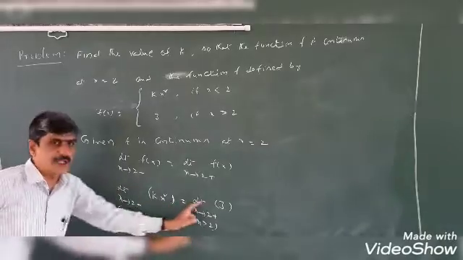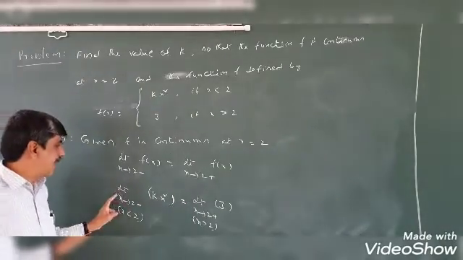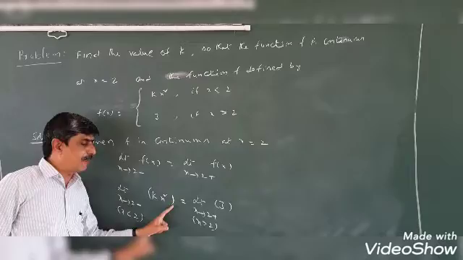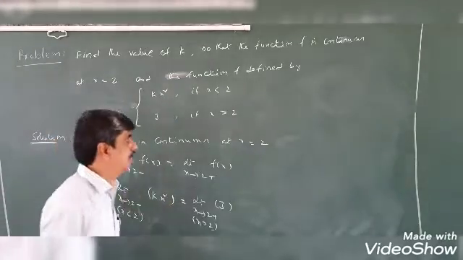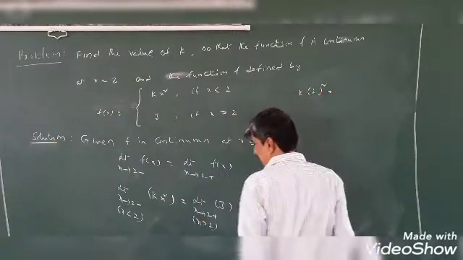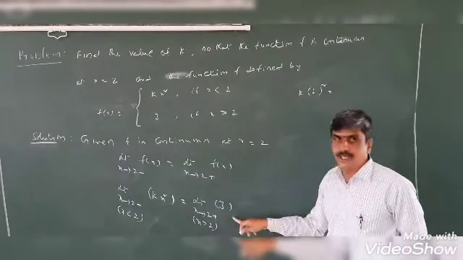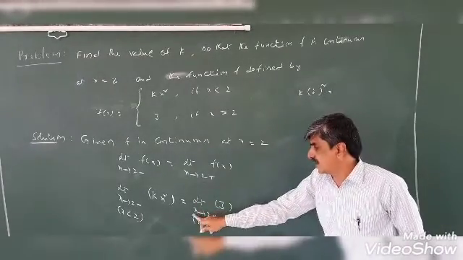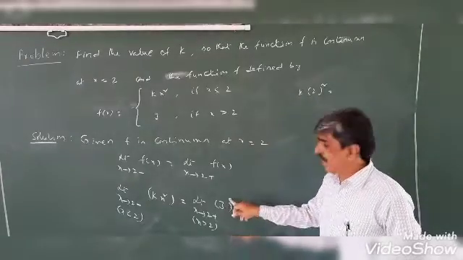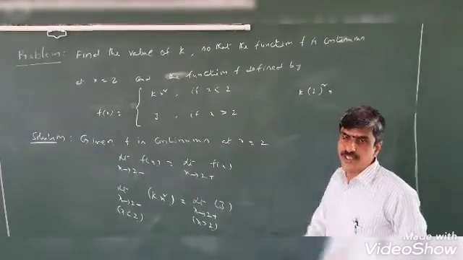Then evaluate this limit. To evaluate this limit x tends to 2 minus, write in the place of x equal to 2. So k into 2 square. Here, to evaluate the limit x tends to 2 plus of 3, there is no x here. If x is there, we will write in the place of x equal to 2.